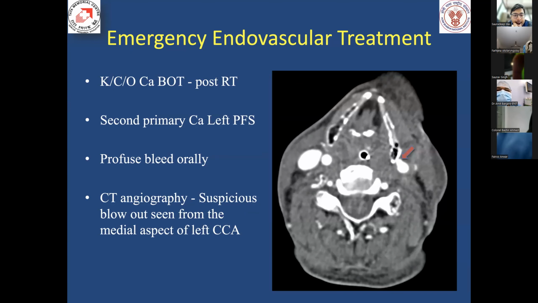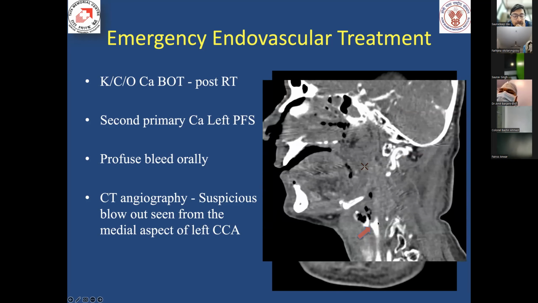So in this case, this was a post CTRT base of tongue tumor, and there is a second primary from the left PFS. Here we can see that there's an outpouching of the left carotid artery. There was profuse bleeding per oral and suspected carotid blowout. And here again, the reconstructed image shows that there is a nipple-like projection in the left CCA.